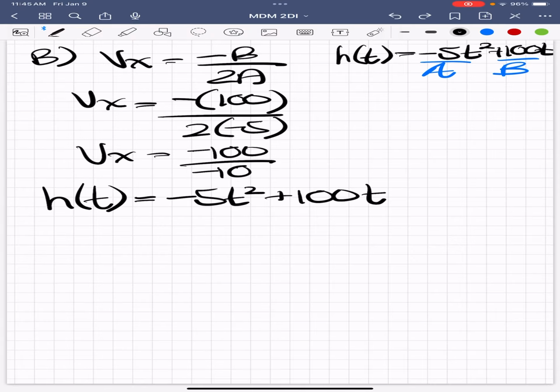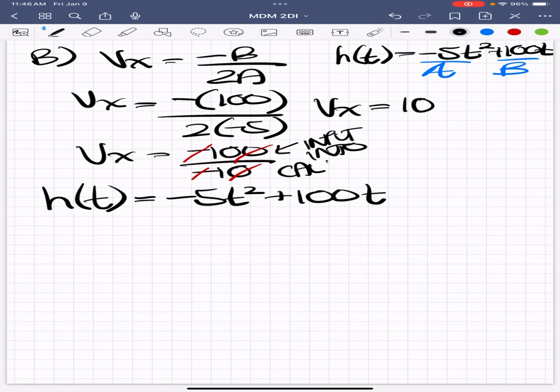And then we have Vx would be 10. And then we input into calculator or reduce.